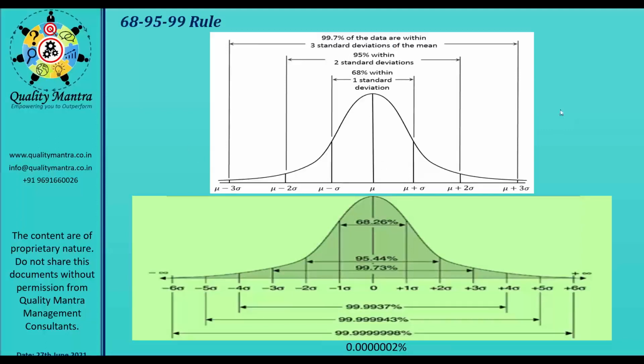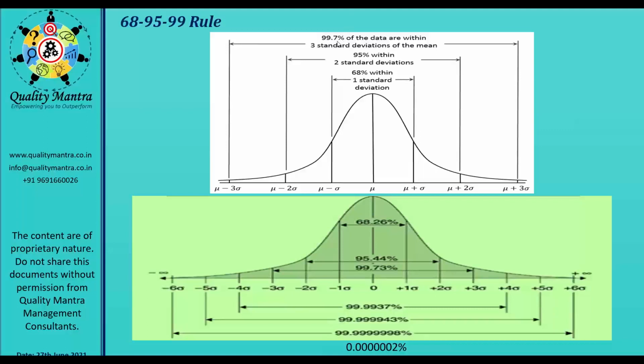To us, it looks very good. 99.7% means hardly 0.3% defects. If your variation is within plus minus 3 standard deviation, you are saying you are only producing 0.3% defects, which is very, very less.